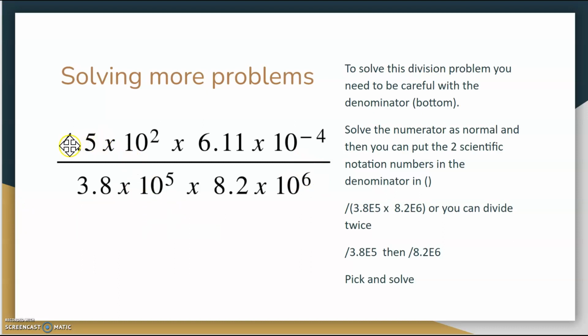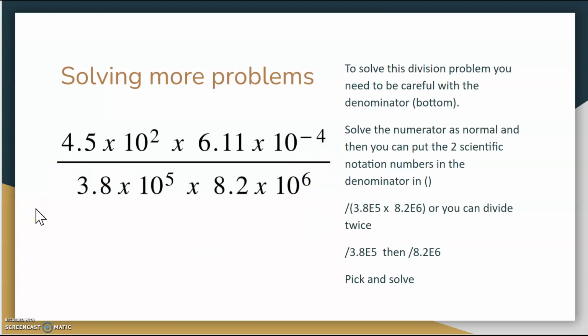So if you have the EE button, you can take 4.5 E to the second times 6.11 E to the negative 4 divided by, either put this in parentheses or divide it twice, divided by 3.8 E to the 5th, divided by 8.2 E to the 6th, or put this whole thing in parentheses.